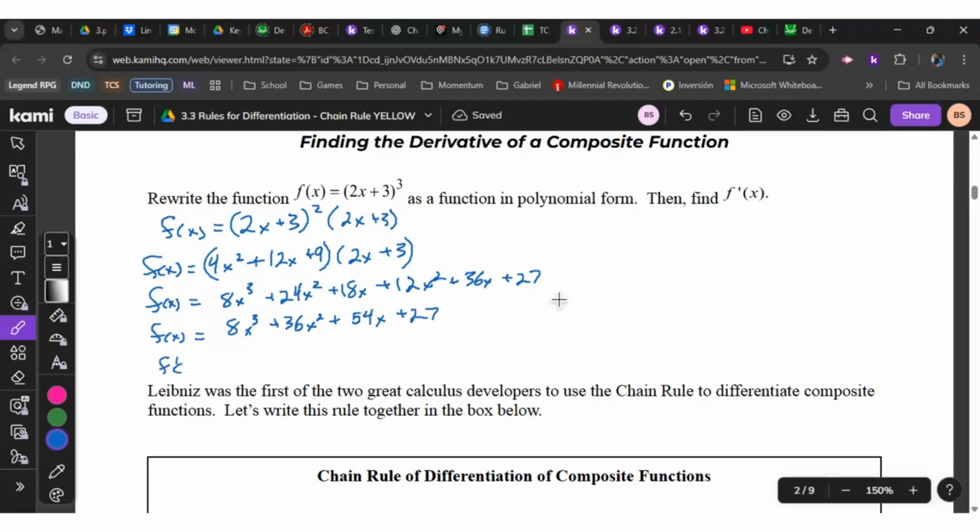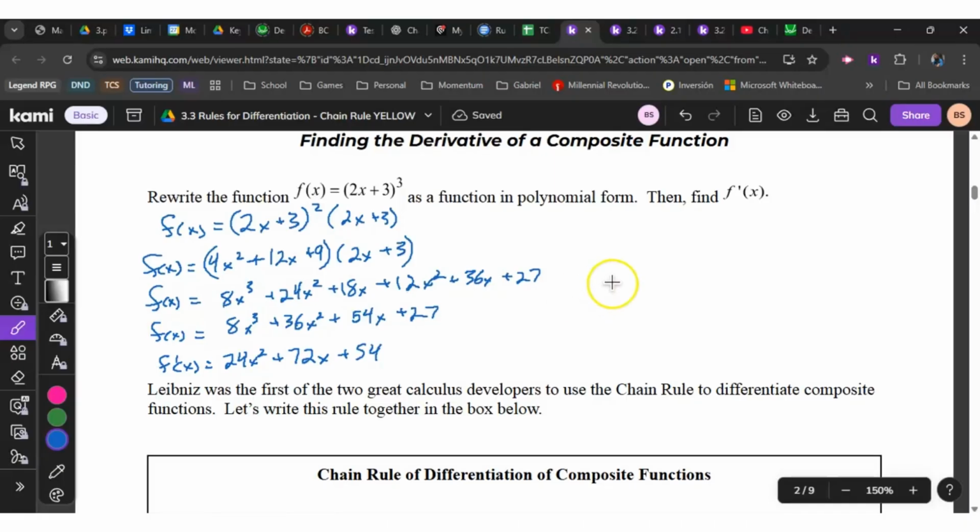So then we can go ahead and find the derivative: 24x squared plus 72x plus 54, and the 27 goes away. Done.